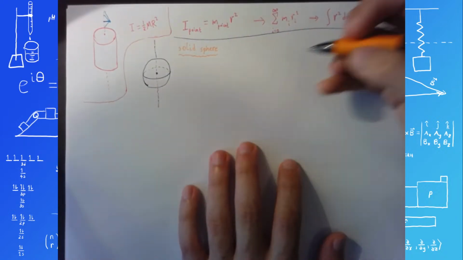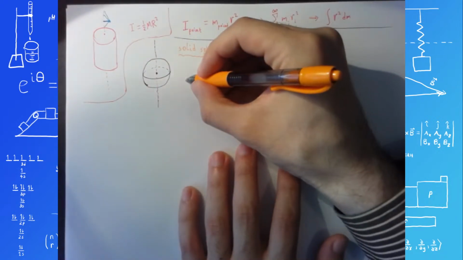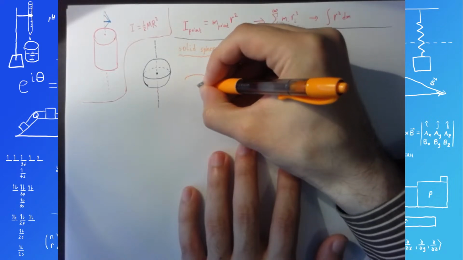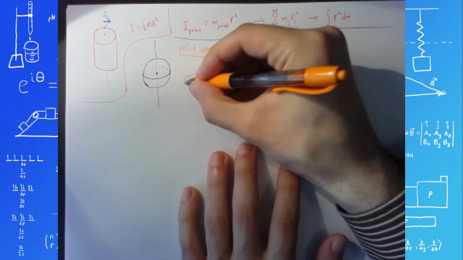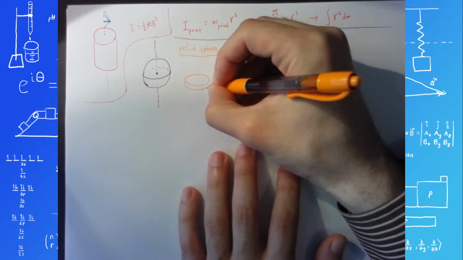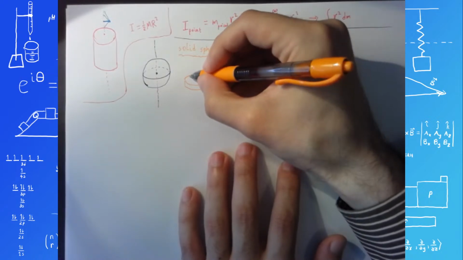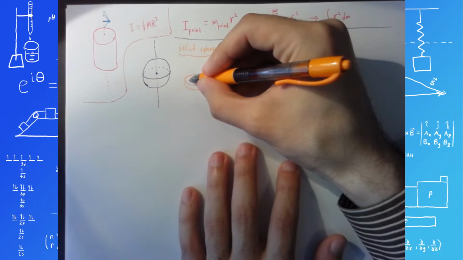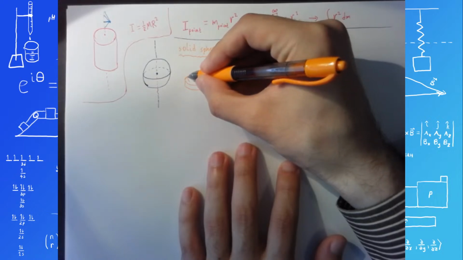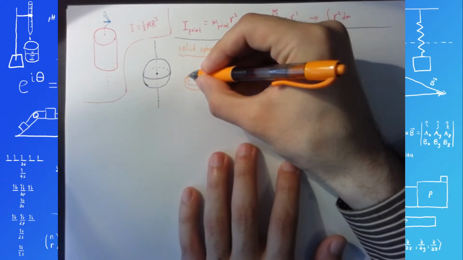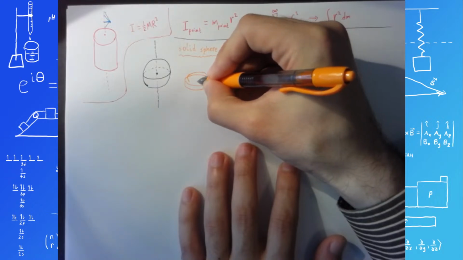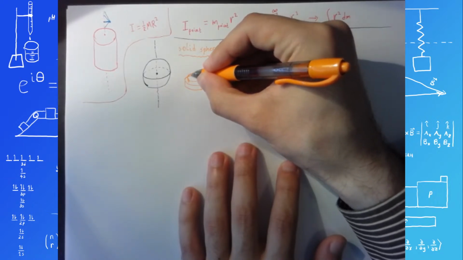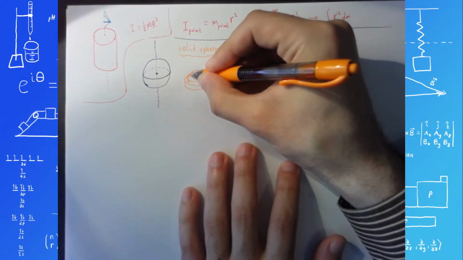So you could cut it up into, I guess I'll draw it over here, little disks like this. Oh, I shouldn't have shaded that so early. Oh well. You can chop it up into these disks.